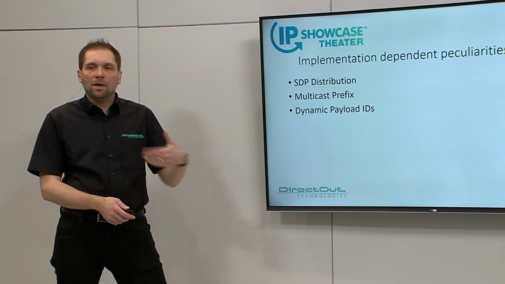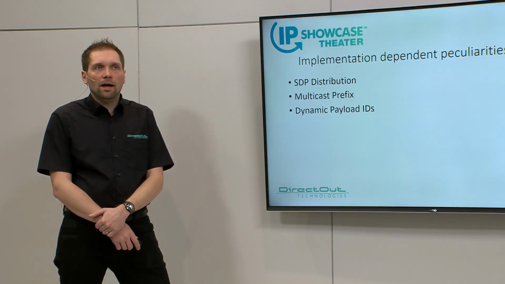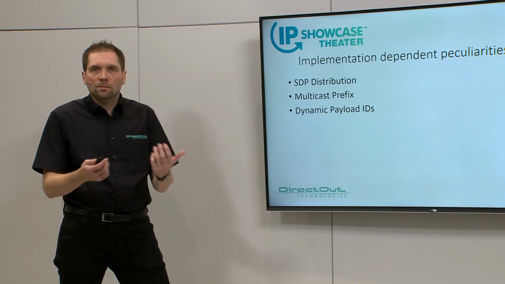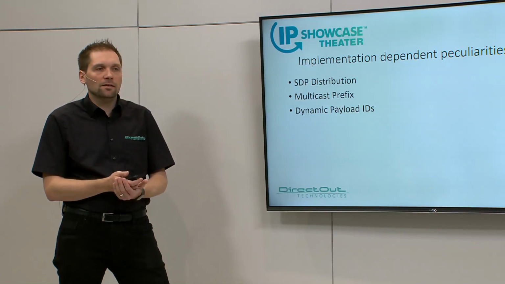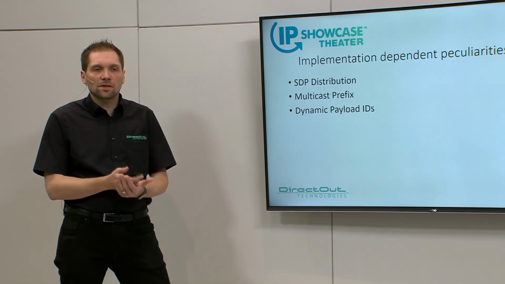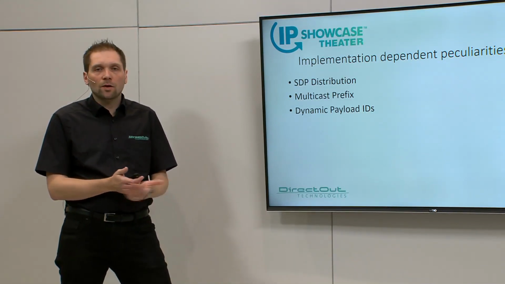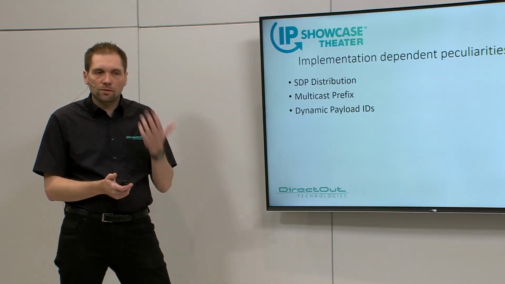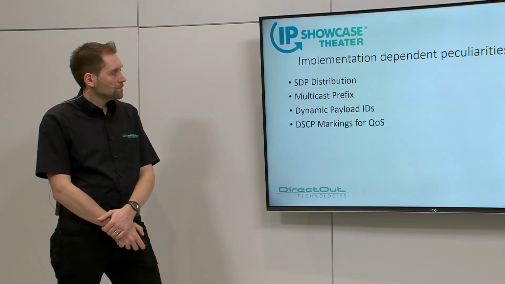But if a third-party device comes into play, you realize, oh, I have everything set up, multicast address, all is fine, but still I cannot connect. And then you realize, well, I'm missing this information. And sometimes Wireshark is the only way to really find out what is the payload ID in this case.